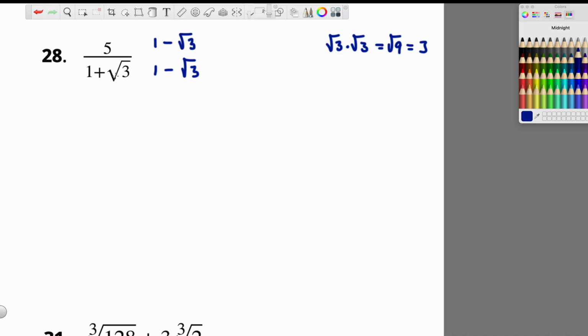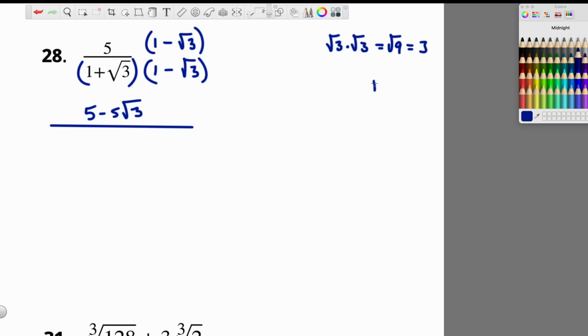Okay, so I'm going to distribute here. I'm going to wrap all these in parentheses. So 5 distributed to the 1, and then the negative root 3 gives us 5 minus 5 root 3. I'm going to do the whole thing on the bottom so you see it. Once you understand the pattern, you don't have to write the middle parts, but I'm going to show you that they cancel.